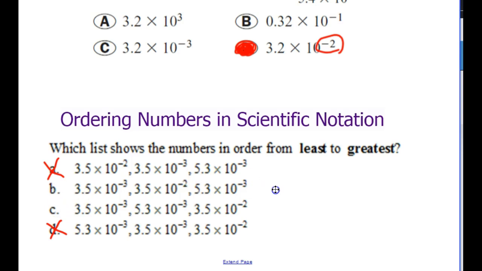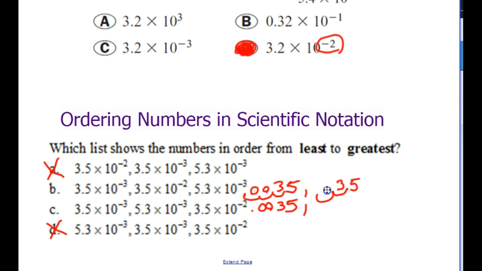So we can write these out if we wanted to. So this is 3.5 times 10 to the negative 3. So we could have 3, 5 times 1, 2, 3. So both of these are going to have 0 like that as our first one. The next one, for B, says 3.5 times 10 to the negative 2.